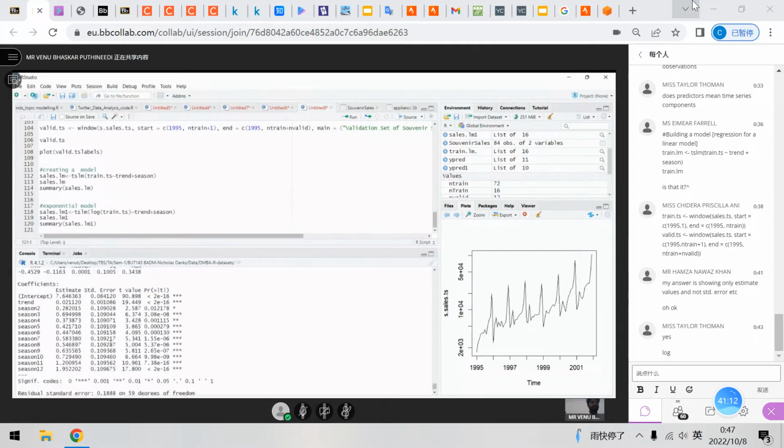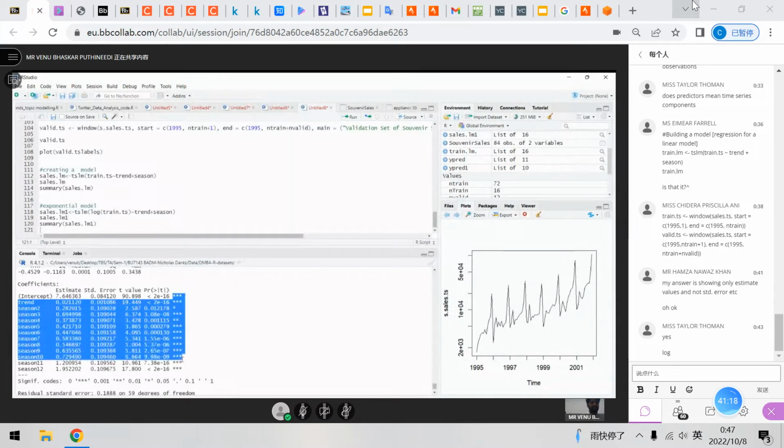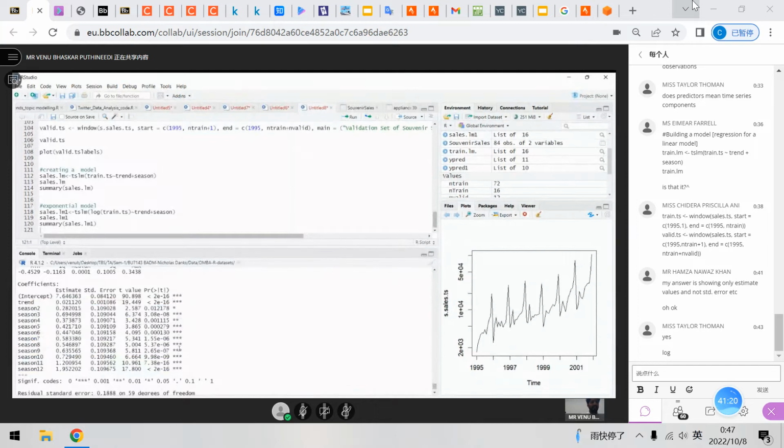Now, if you look at this, don't you think, look at the significance levels. All variables are significant at this point of time.